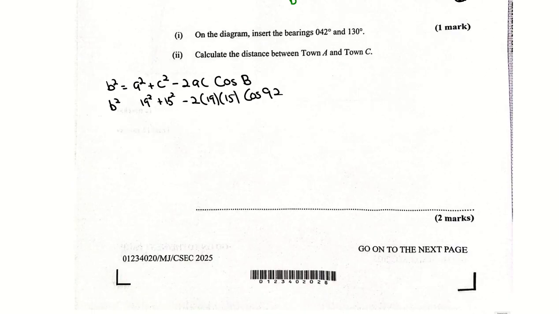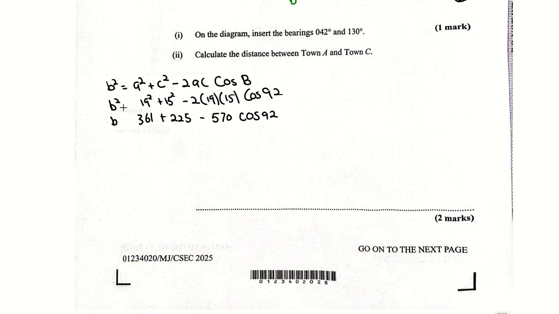Now we are going to solve this. 19 squared is 361, plus 15 squared is 225, minus 2 by 19 by 15 is 570 cos 92.